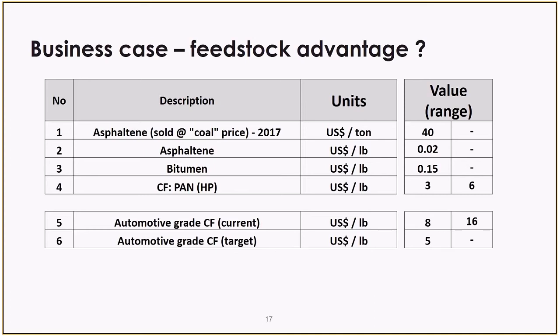The automotive industry has said, if we could move this number to $5 per pound, i.e. substantially cut either the feedstock price, the carbon fiber production price, or the end product price, then we can start to move carbon fiber into the automotive industry in a much bigger way, and not just constrained to luxury vehicles.